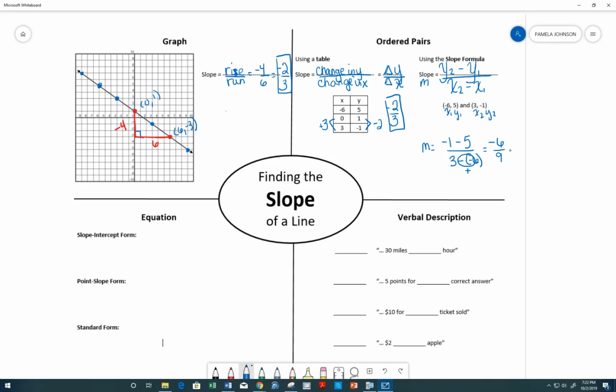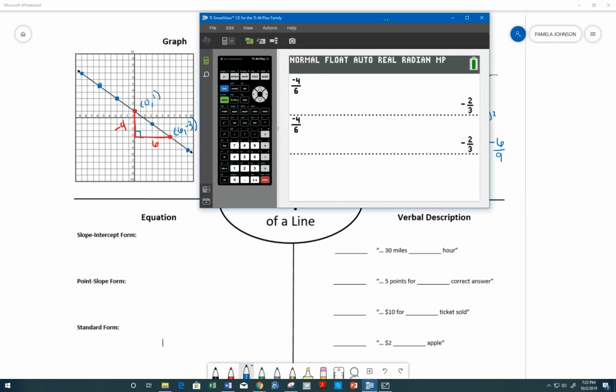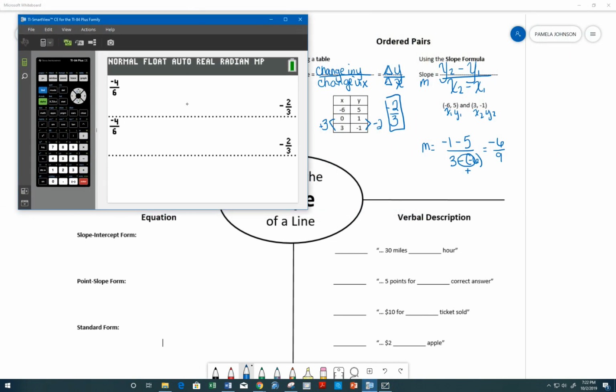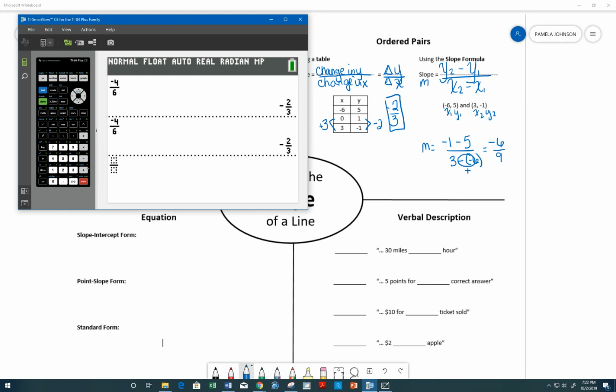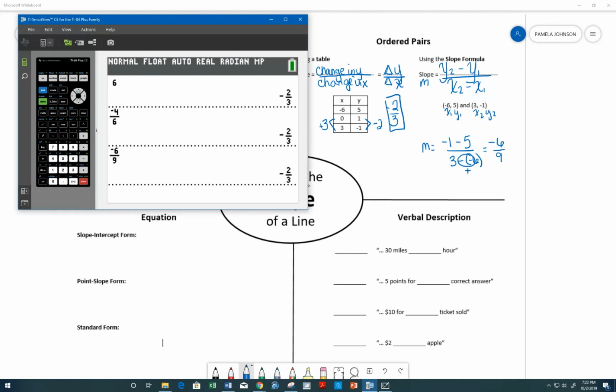And when I simplify that, if I take my handy dandy calculator over here and I simplify that, we're still going to get -2 over 3. So I'm going to put my -6 on top. I'm going to put my 9 on bottom. And it simplifies out to -2 over 3.